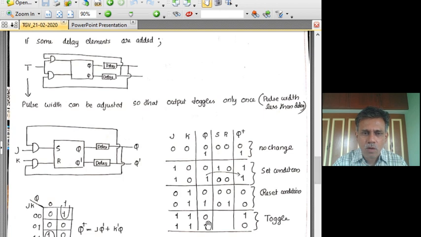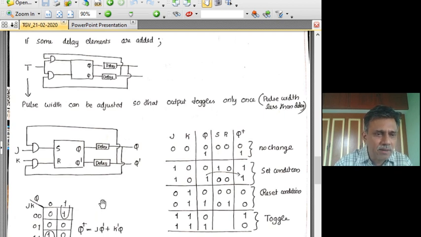So against this 0 and 1, you have to flip the Q value and put it as the Q plus value. So against 1 1, if Q was 0, you put a 1 here. If Q was 1, you put a 0 here. So you can easily fill this K map from the functionality of the JK latch. You should not even need to look into the truth table.